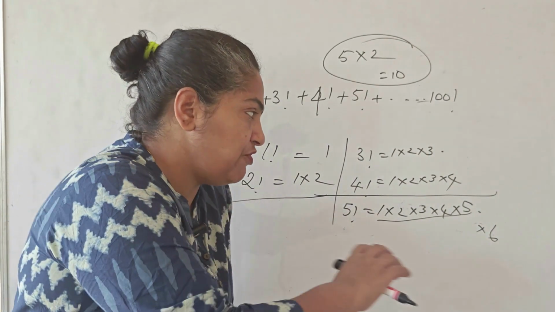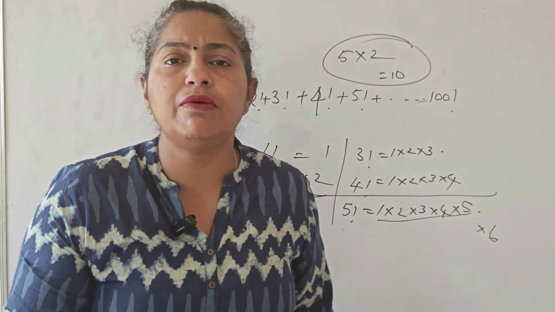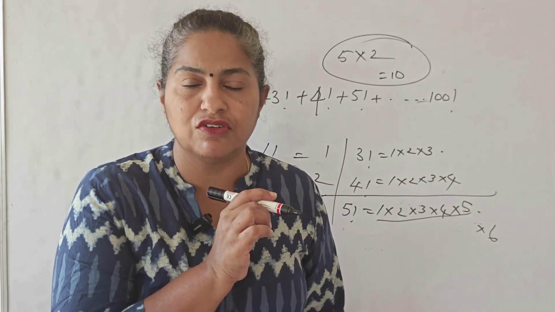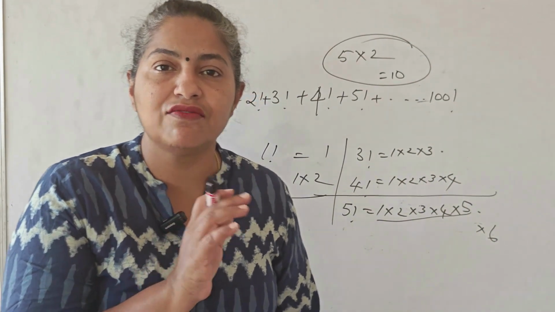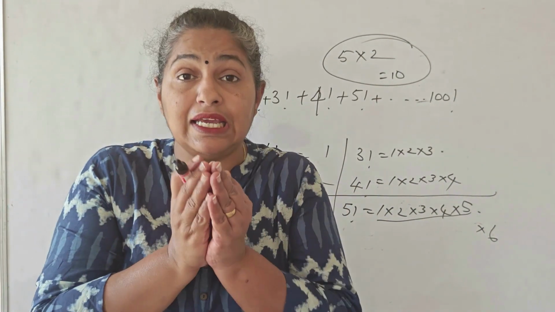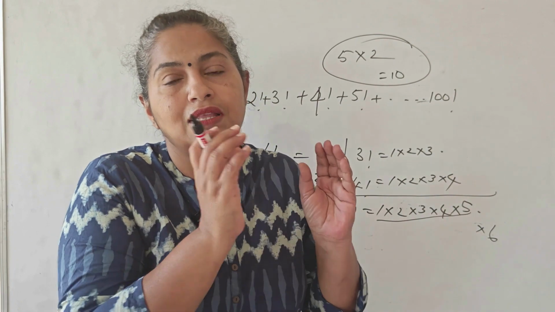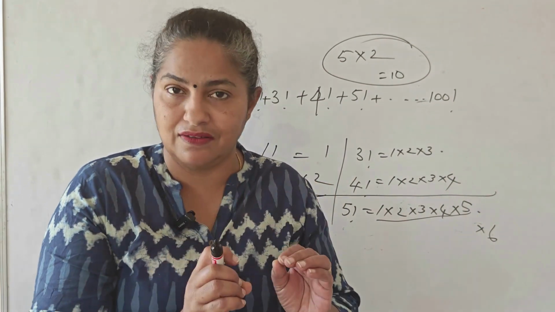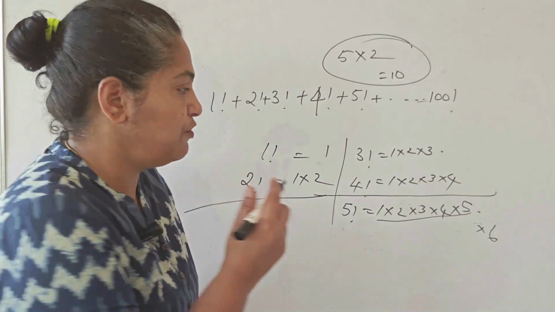You see a combination of numbers multiplied together. If I am asking you to guess what would be the last digit, is it easy or not? It is very easy. The reason being, when you are multiplying 10 with any number, the last digit will always be a 0. Now, where is the 10 coming from?